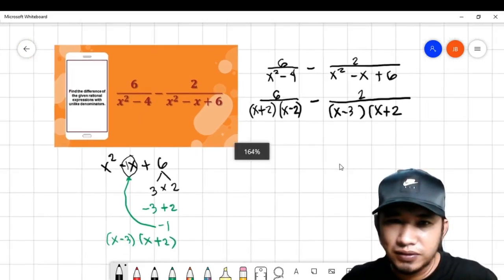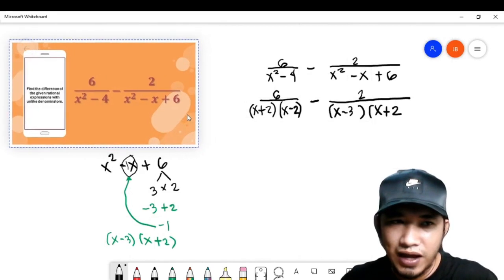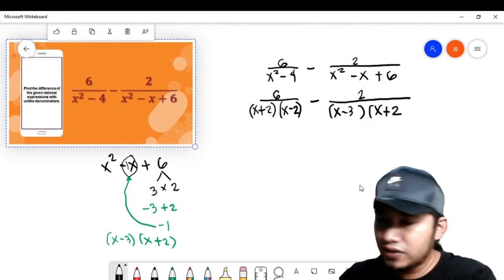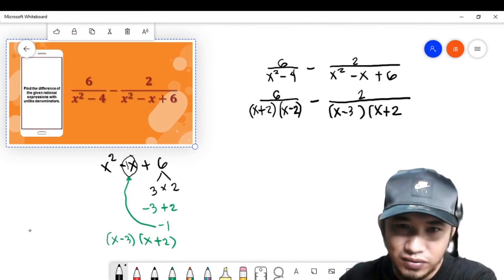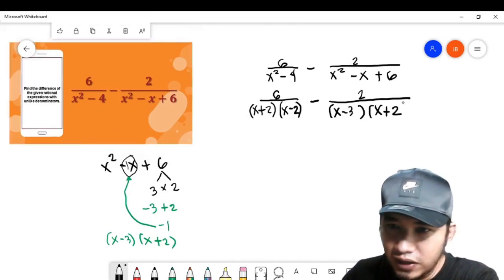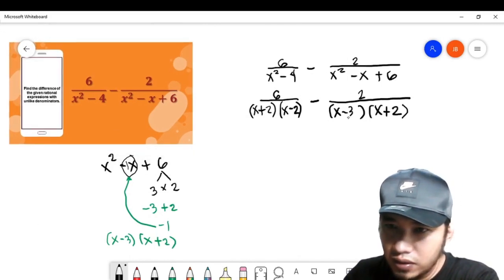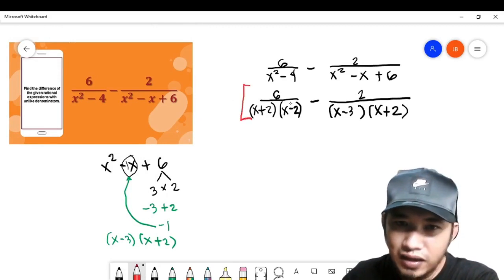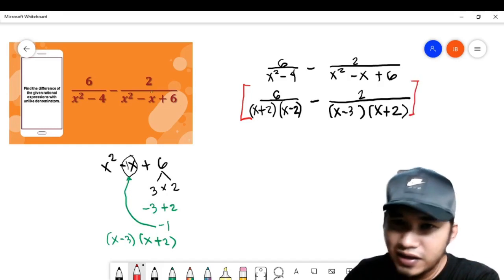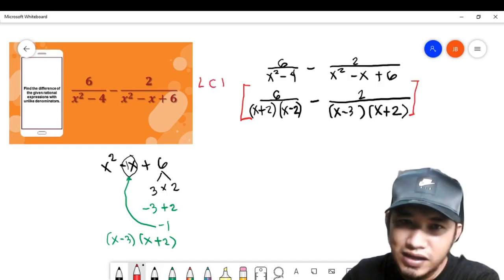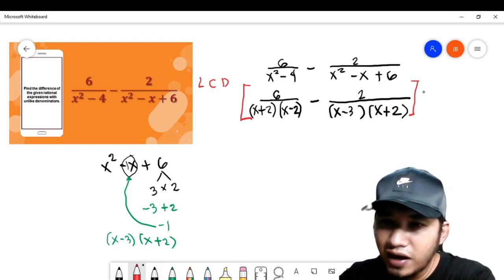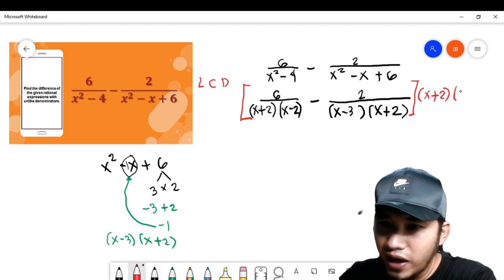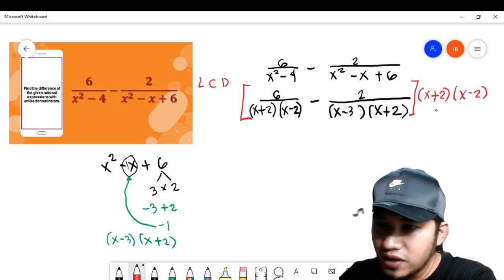Alright. So lagyan natin ng cross. Ayan. The next step is to get the LCD. And yung LCD are x plus 2 and x minus 2 at saka x minus 3.